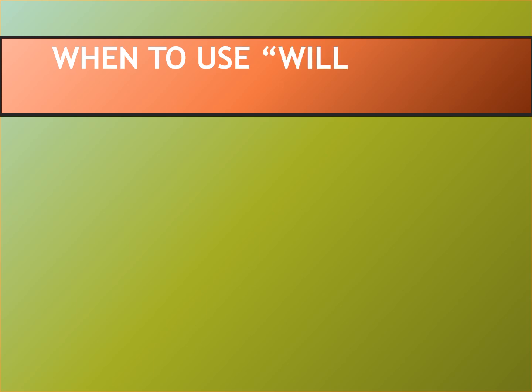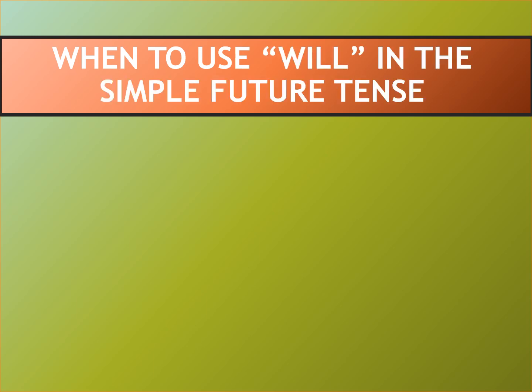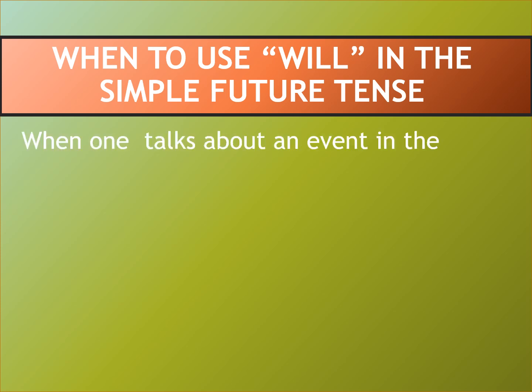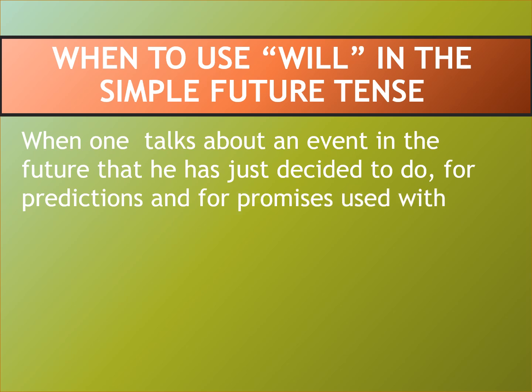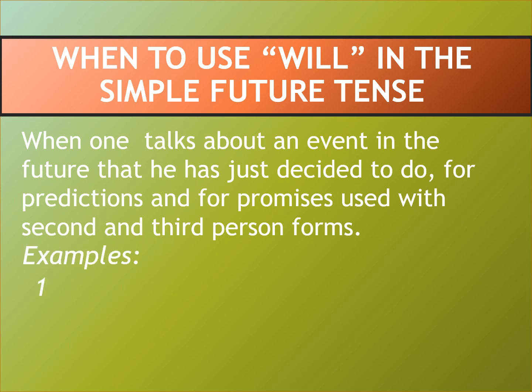When to use will in the simple future tense. When one talks about an event in the future that he has just decided to do, for predictions and for promises, used with second and third person forms. Examples.